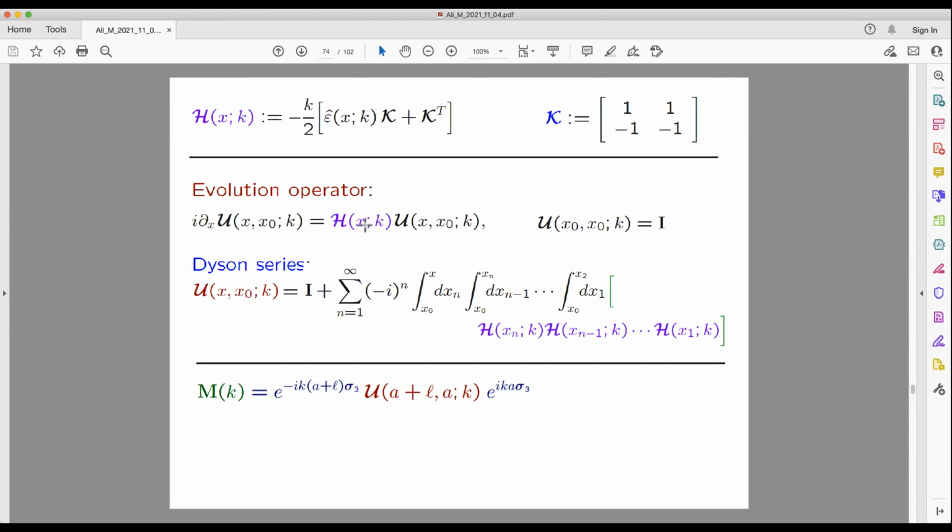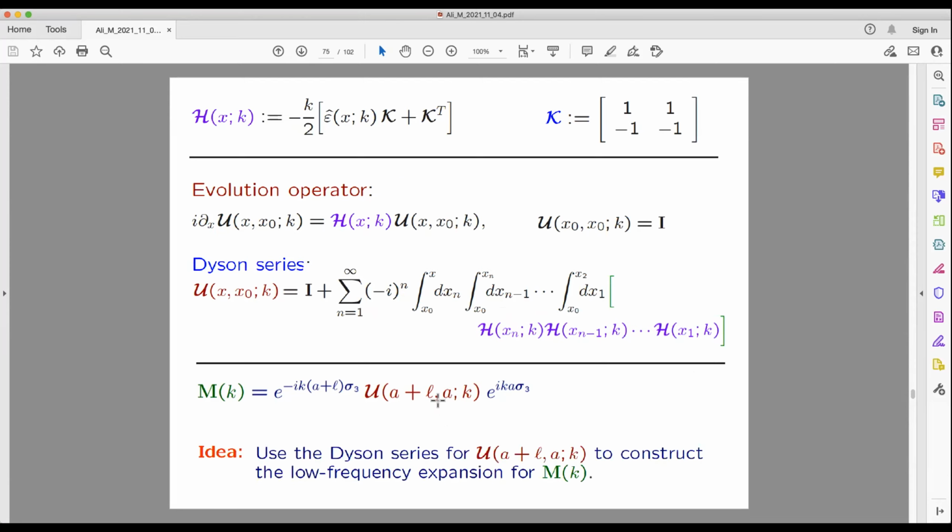Again, X plays the role of time, and I can just identify the solution with a Dyson series of this form. And if I can calculate these terms in the Dyson series, I'll get an expansion for the transfer matrix. So the idea here is to use this Dyson series to construct a low frequency expansion for this transfer matrix.